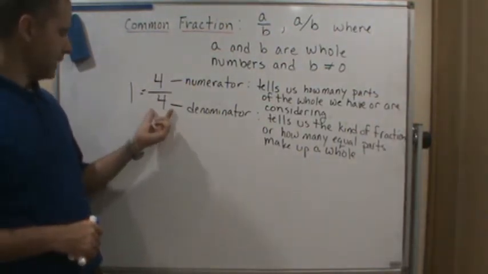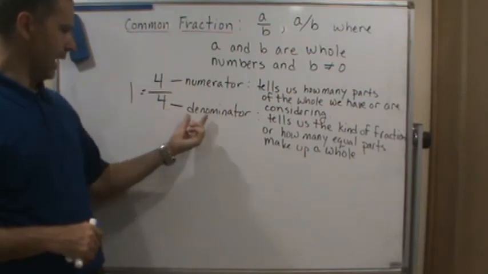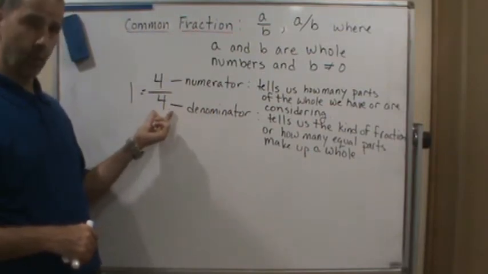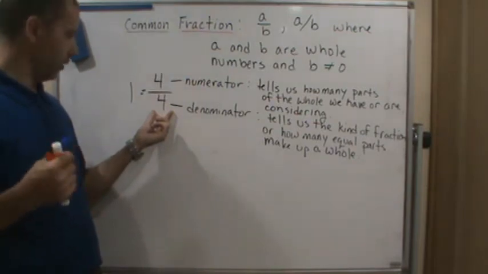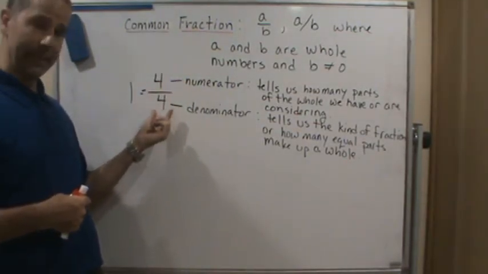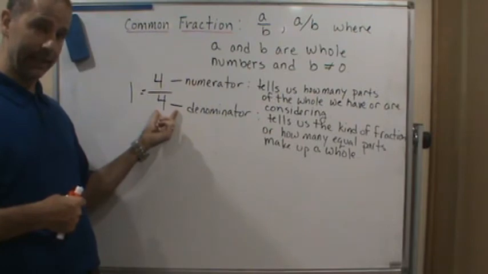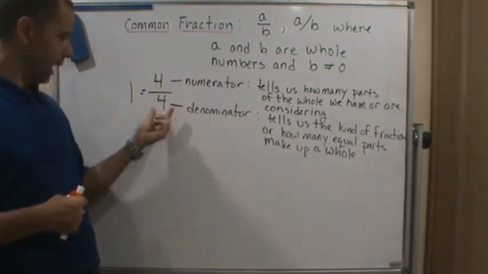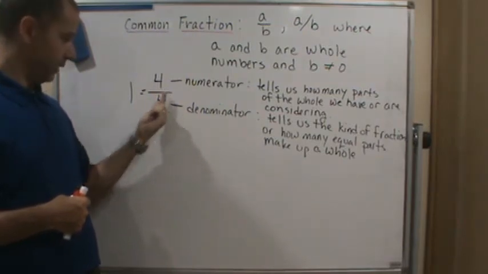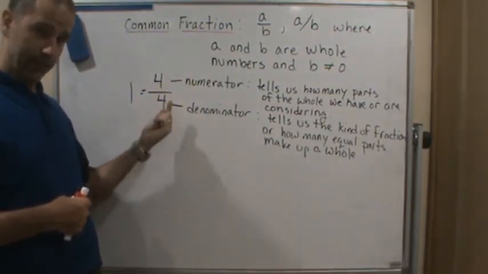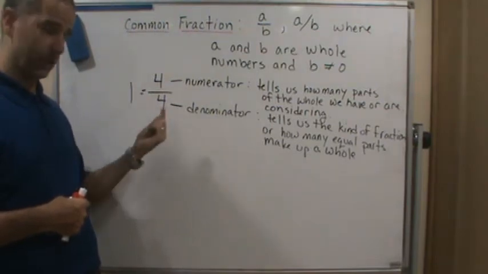Now the bottom number is called the denominator, and the denominator tells us what kind of fraction it is. In other words, it tells us how many equal parts the whole has been divided into. So how many equal parts make up a whole? These could be divided into fifths, if I divide into 5 equal pieces, or into 6 equal pieces.